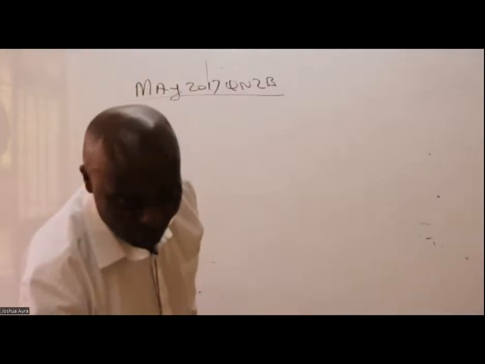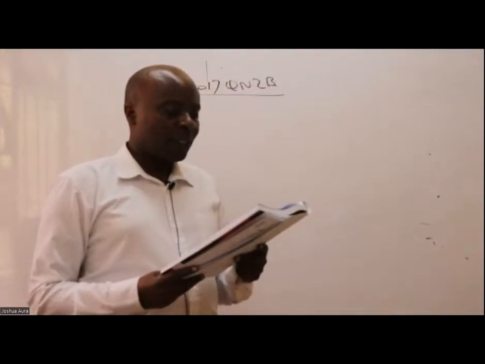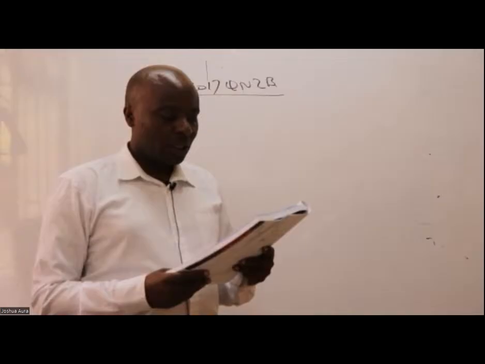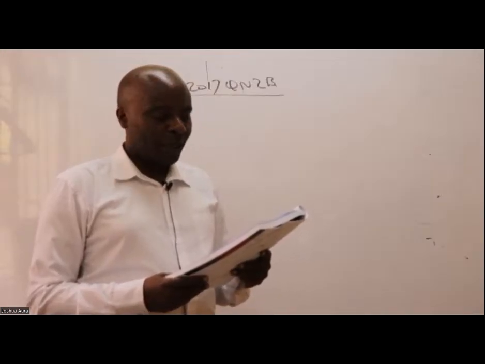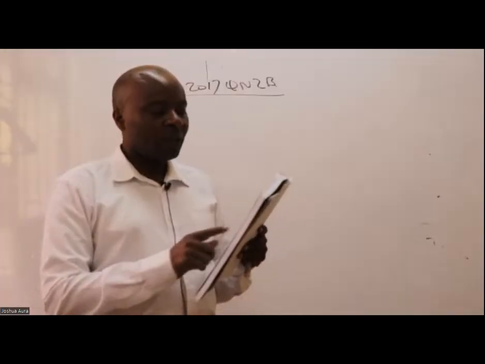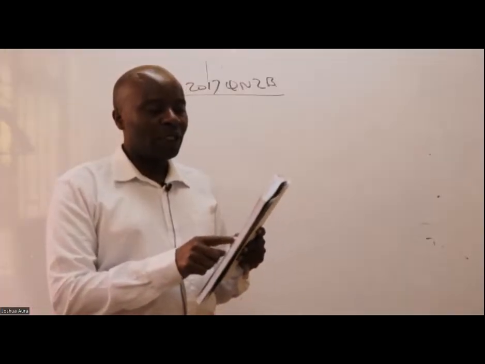So then straight away, we need to come and read it. Always you start by reading the requirement. They want us to give them the expected profit to be earned from the product over its lifetime.